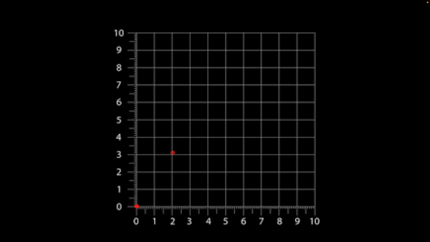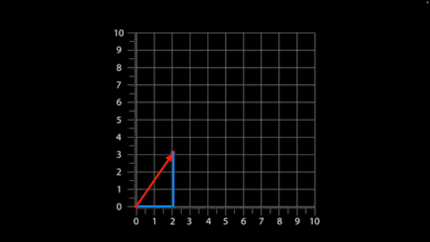And then we ended up at this point, which is around 2, 3. There has been a change from our first point to our second point. We've changed this much along the x-axis. So our change in x is 2. That's how much we've changed in that direction. And in the separate direction of y, the amount we've changed is this amount, 3 in this case.